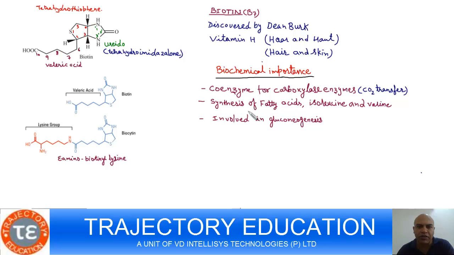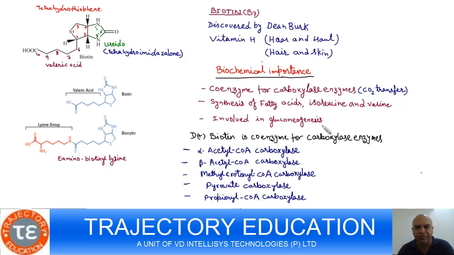So it is utilized in the synthesis of fatty acids and the catabolism of branched-chain amino acids like isoleucine and valine, and it's also involved in gluconeogenesis. And some of the carboxylase enzymes that utilize biotin as a coenzyme are, let me write it down.